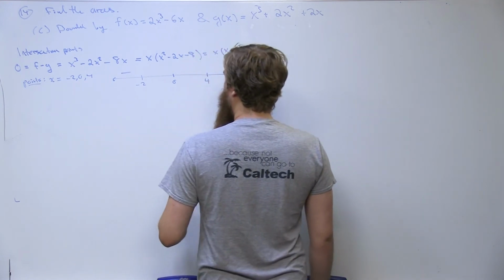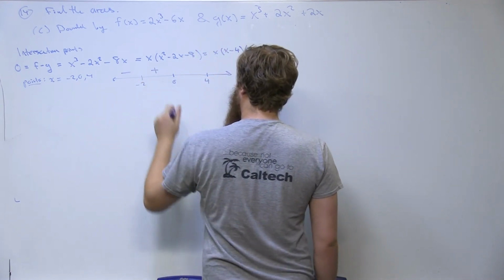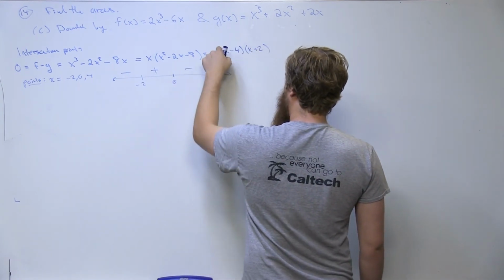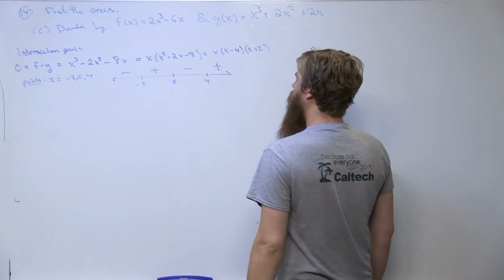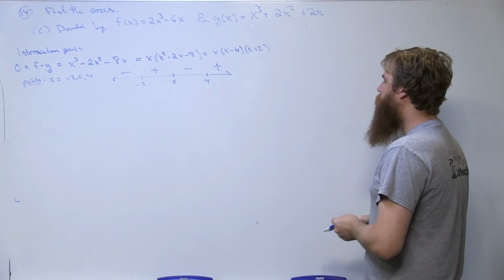I know it is negative. As we jump over the 0 of multiplicity 1 at -2, I am certain that it will change sign. Same is true at the 0 at 0, of multiplicity 1, and same is true over here. Now we only really care about these two, but I just want to, for completeness, fill those in.